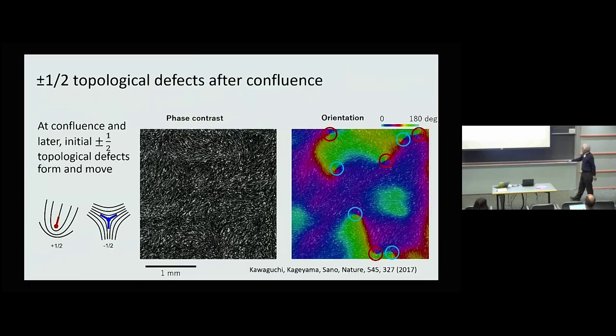But this Q pattern, the orientation pattern, doesn't move fast compared with the cellular flow. So after a few days, the pattern is almost fixed. But the cells are moving along this direction, then accumulating at the +1/2 defect. So the pattern motion is slow compared with the individual cell motion and the cell net flow.